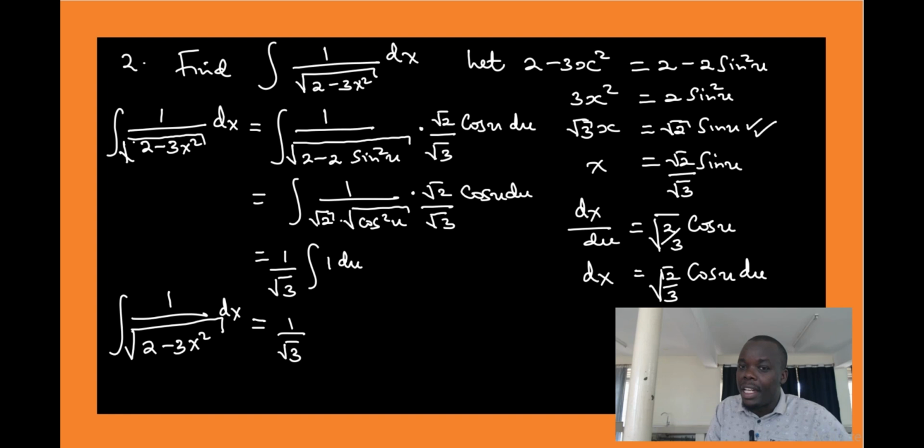Then I take the sine inverse, or the arc sine. So it means u will be sine inverse of root 3 x divided by root 2.